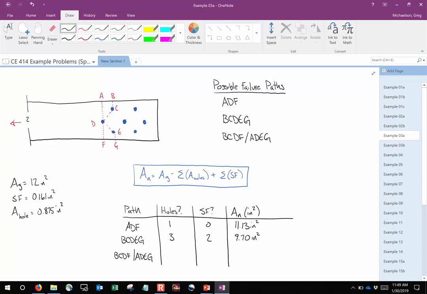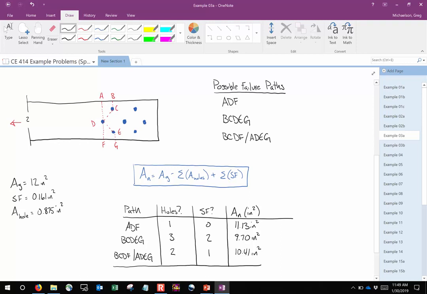What about the other path, A, D, E, G? How many bolt holes? How many stagger factors? It's the same path, so it's just symmetric. So this is 2, and that's 1. And so what's that net area? 10.4. And so there you go.